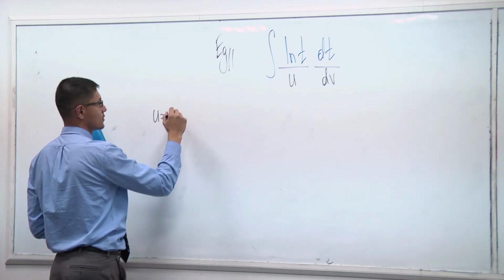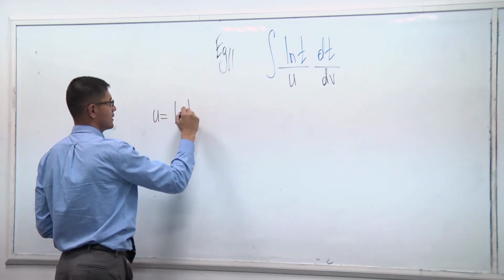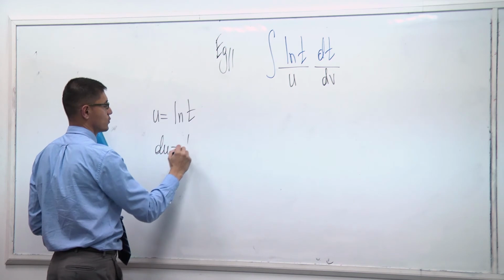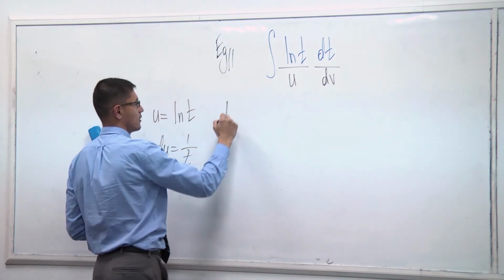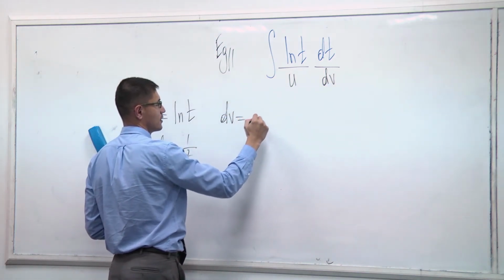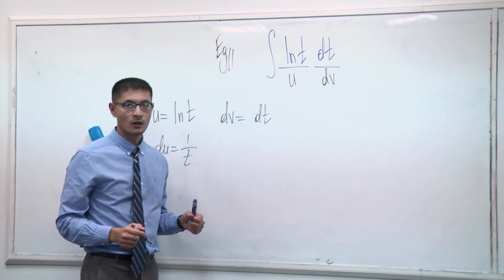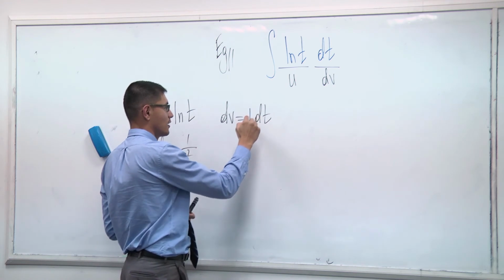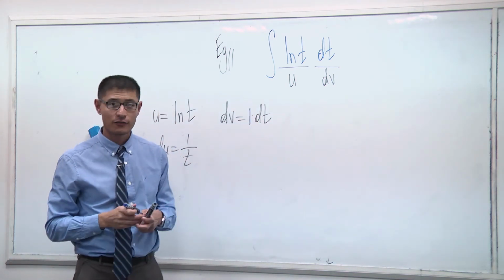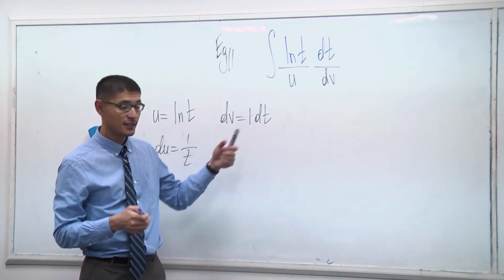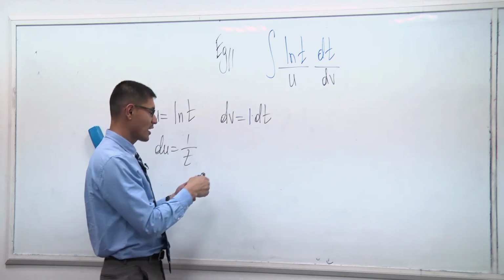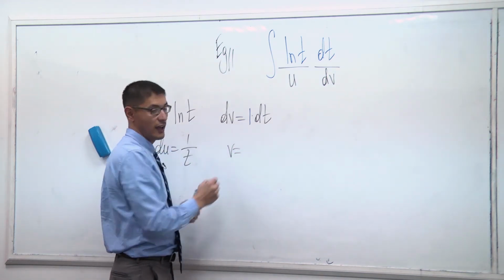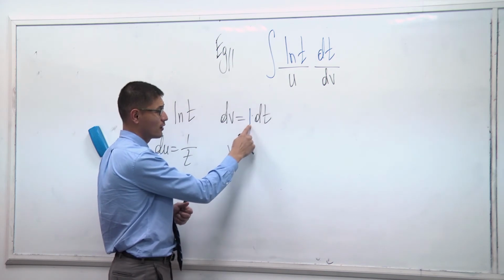So if u equals ln t, du is 1 over t, and dv is dt. Now, if dv is dt, we can imagine that there's a 1 standing in front of dt, because 1 times dt is just dt. This helps us do the antiderivative, because the antiderivative of 1 is t.